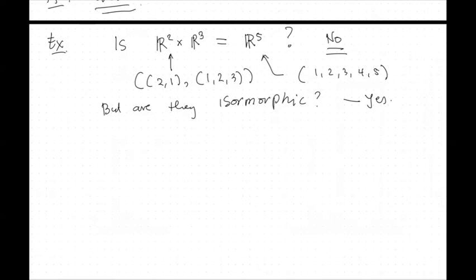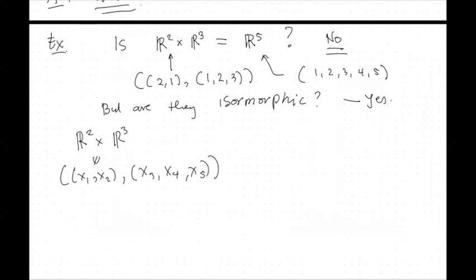Suppose that we have a vector in R2 cross R3 of the form (x1, x2), and then (x3, x4, x5).